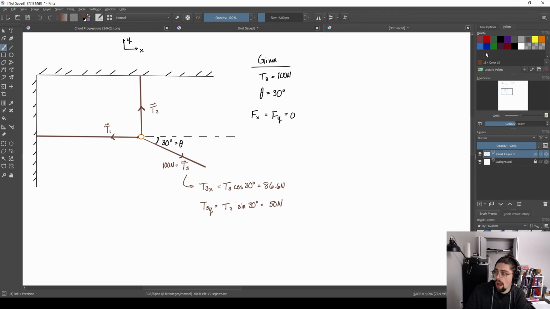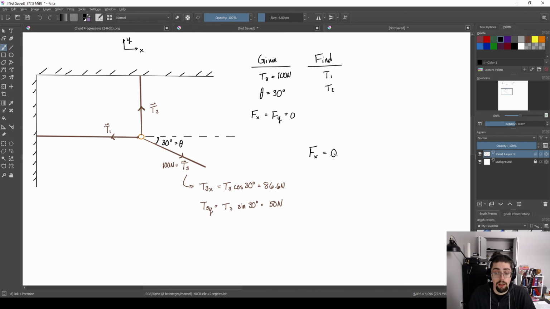With those two out of the way, let me finish my variables here. I'm asked to find T1 and T2. So let me start with the x direction. All of the forces in the x direction should sum up to be equal to 0.